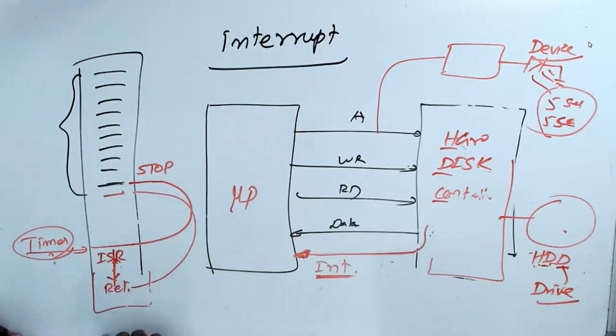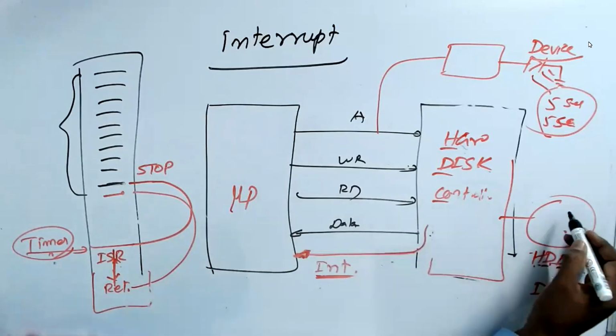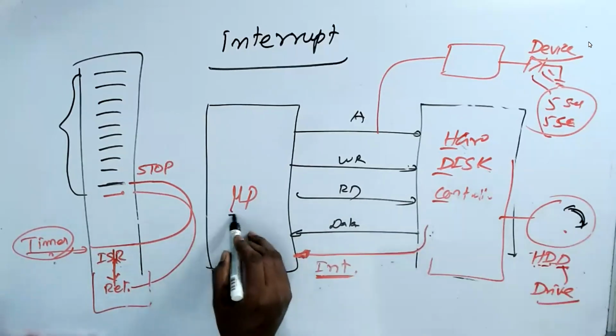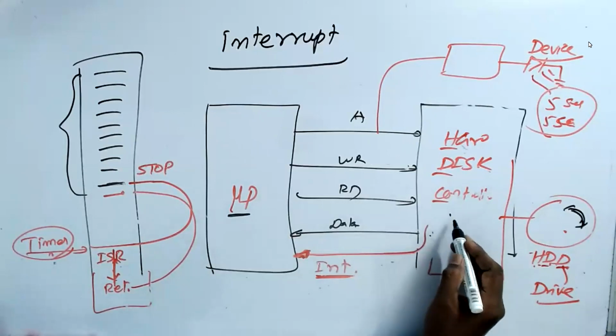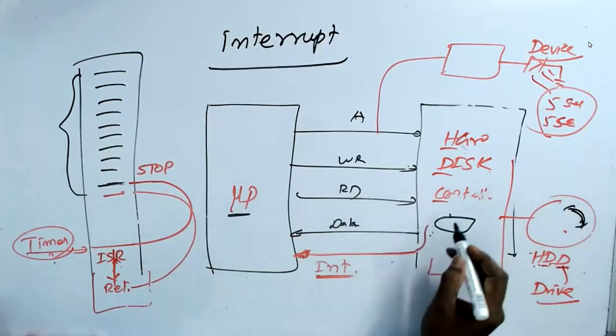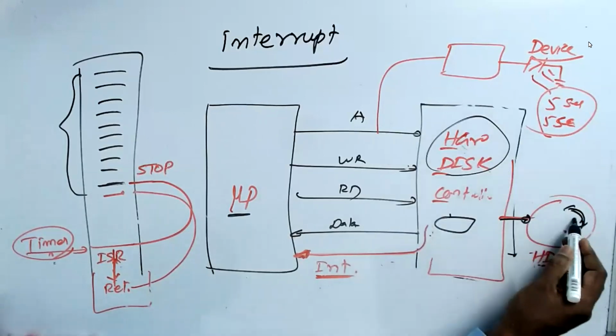Okay. Now it's a trick. The trick here is, see, I was explaining about the hard disk controller. Suppose you want to write some data in a disk, in a sector. Then the microprocessor tells the hard disk drive to write the data somewhere on the disk. The hard disk controller will write the data there.